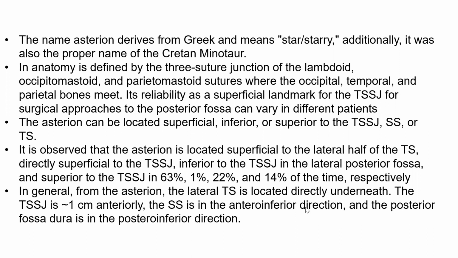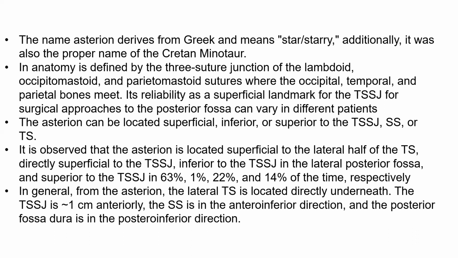The asterion can be located superficial, inferior, or superior to the transverse-sigmoid junction, the sigmoid sinus, or the transverse sinus. I just want to make it a little easy. It is observed that the asterion is located superficial to the lateral half of the transverse sinus in 63% of the patients.